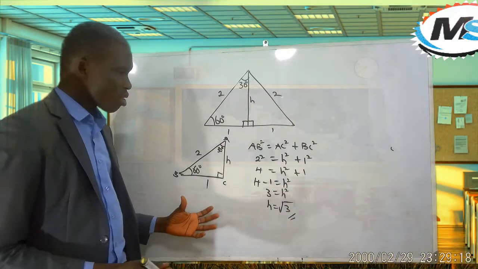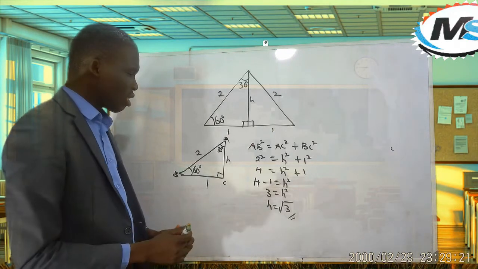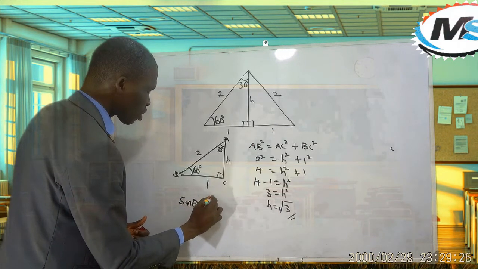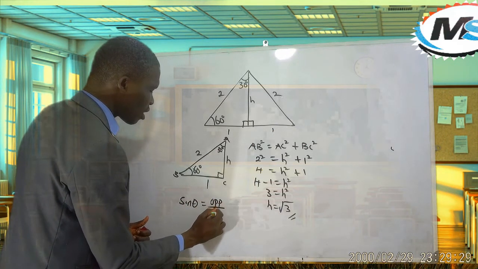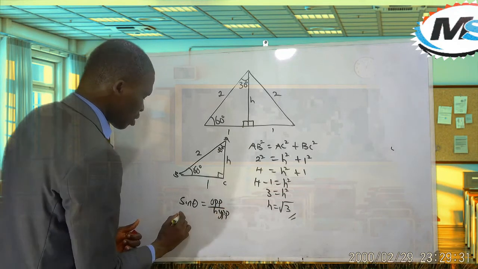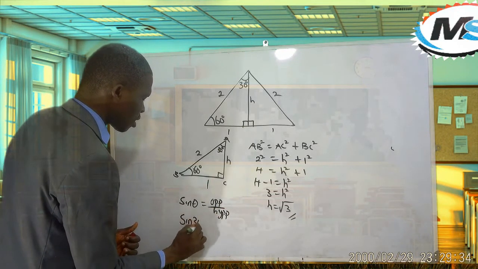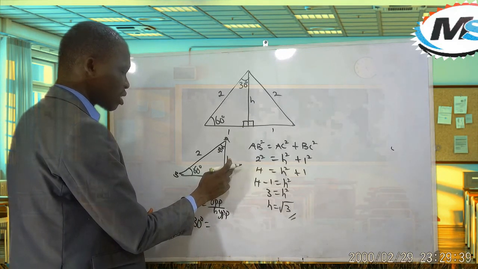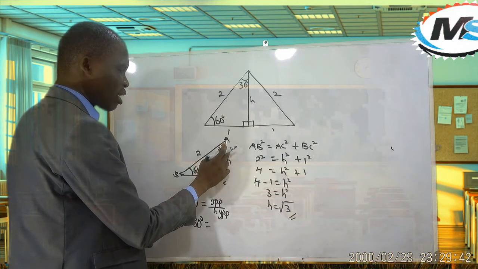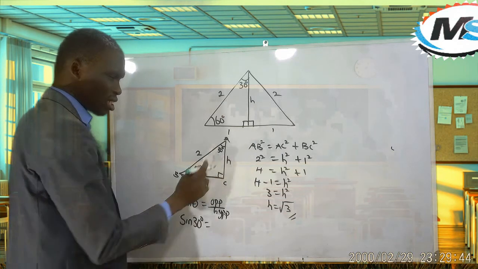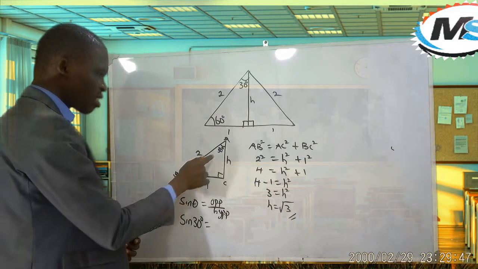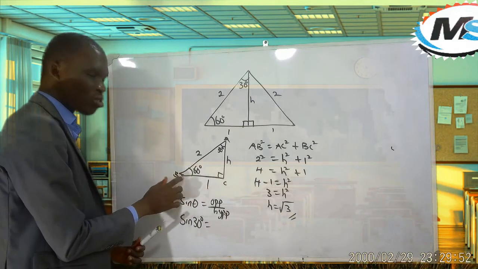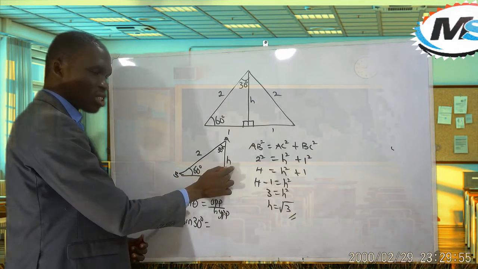Now let's consider SOHCAHTOA. Sine theta will give us opposite over hypotenuse. So sine 30 degree will give us, what is opposite? If we are looking at sine 30 degree, this is opposite. If we are considering sine 60 degree, this is opposite.